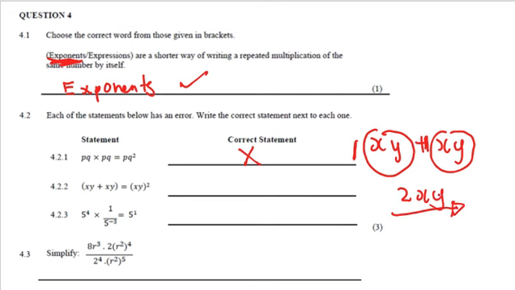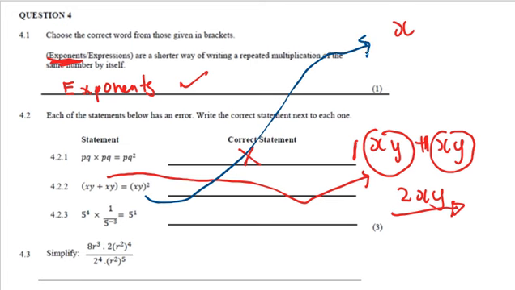What is (xy) squared then? We have checked the left hand side. Let's see the right hand side. (xy) squared is like the power of a power rule.